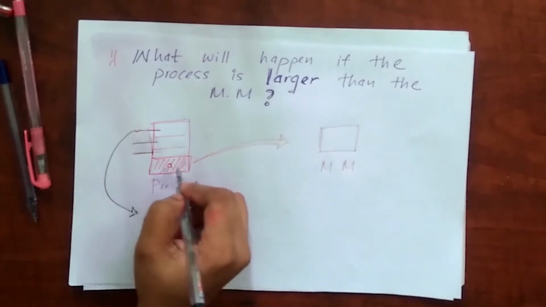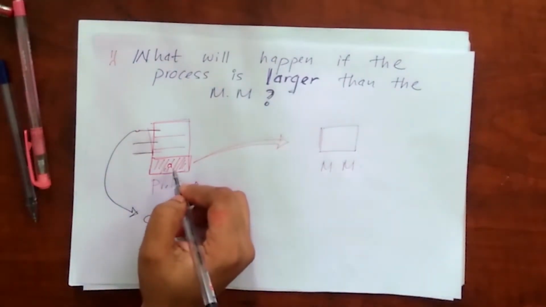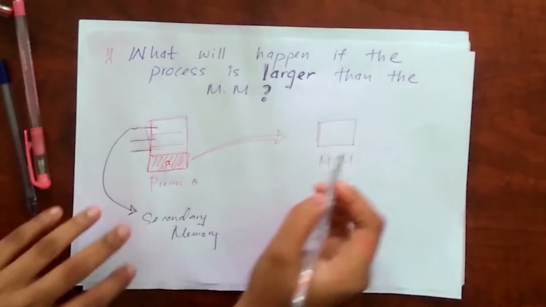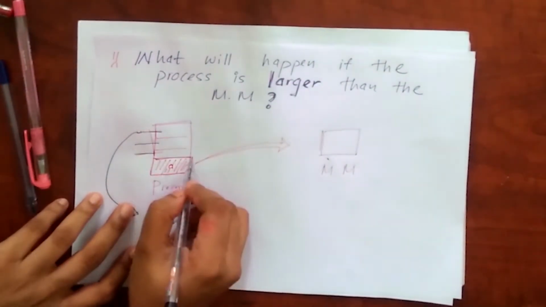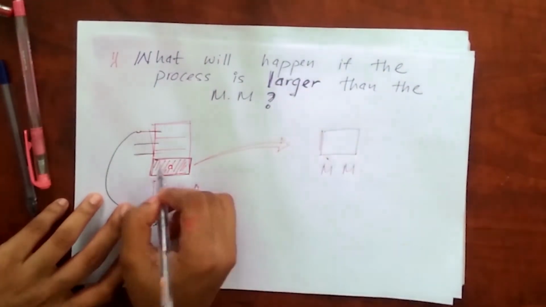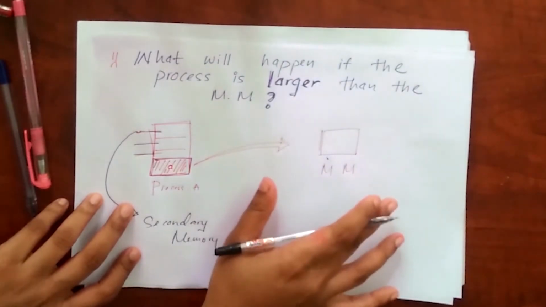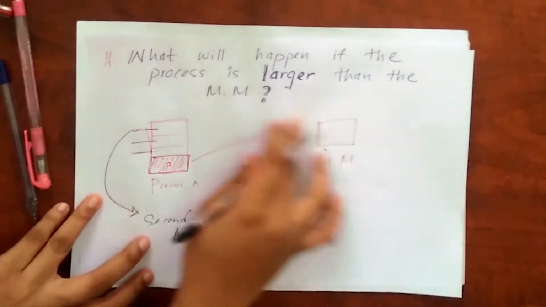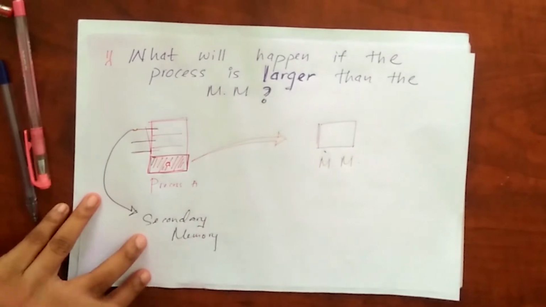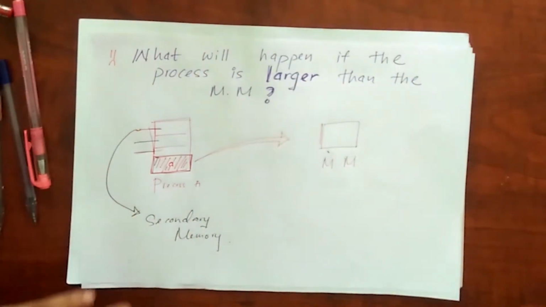Only this particular part A will be loaded to the main memory because only this part is required. So we are only loading the required part to the main memory. In such a situation, there is an advantage.